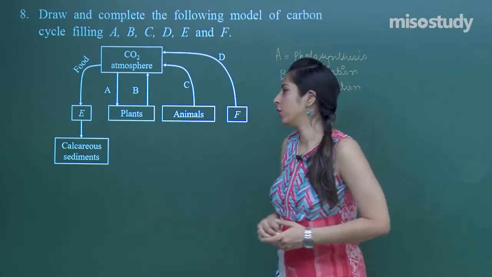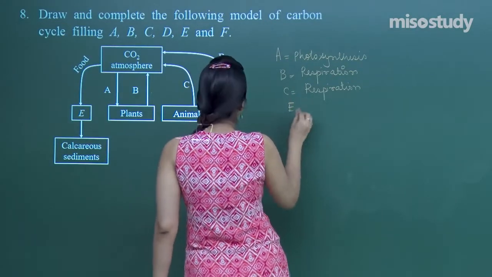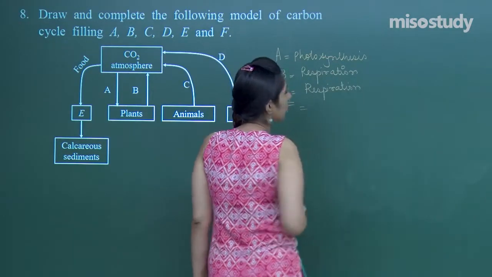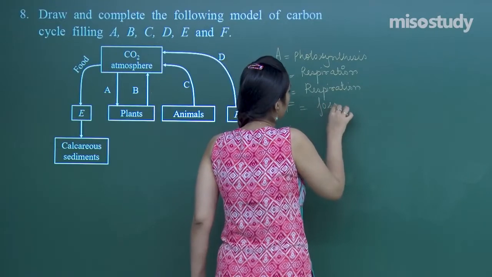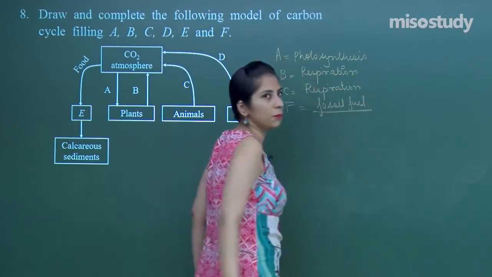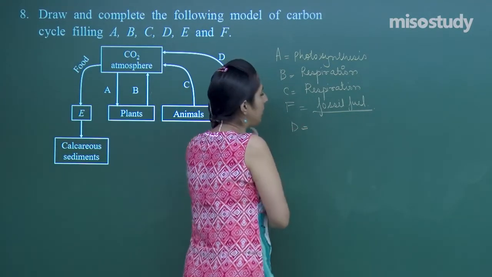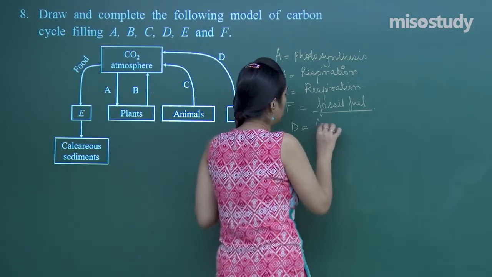So, first let us talk about F. F means fossil fuels. Do I need to explain fossil fuel? Coal, petroleum, etc. After that, D is written and D means burning or combustion of fossil fuel.